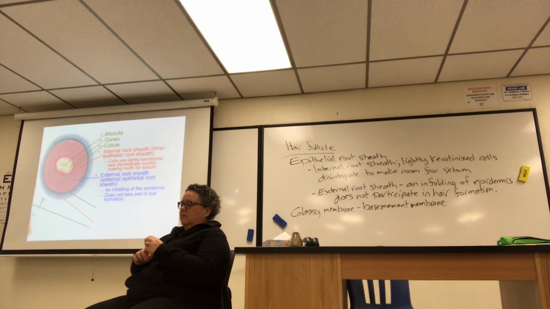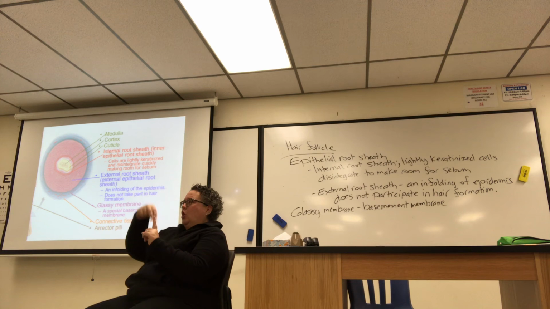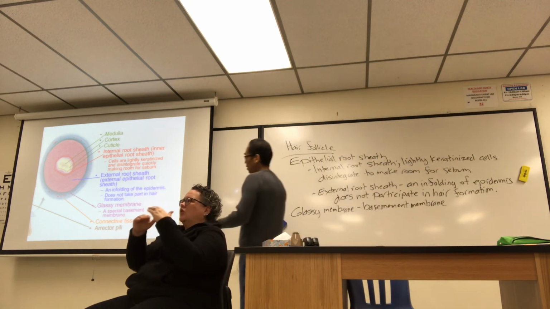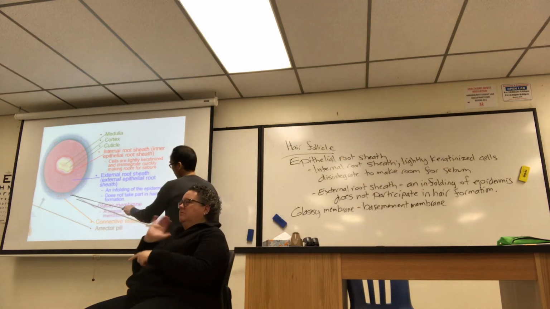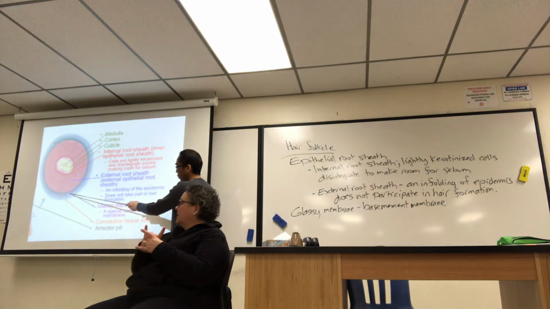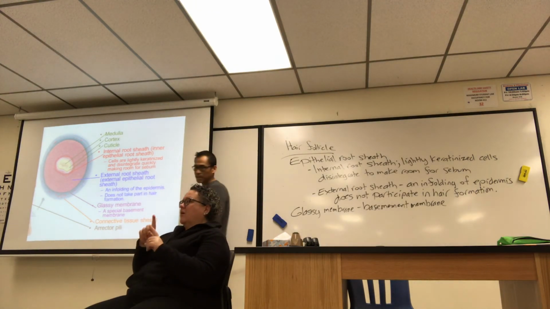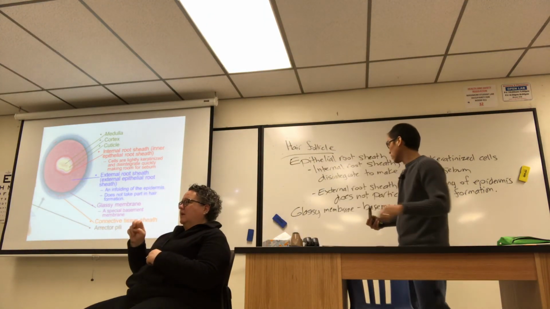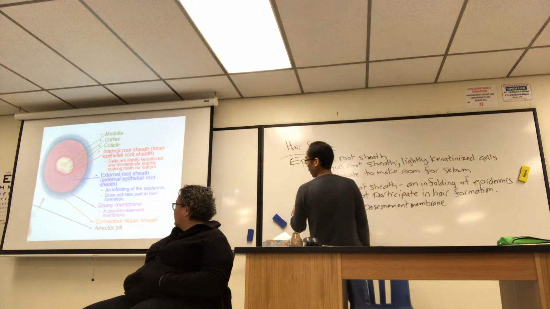They also have a cross-section of the hair, but it's the same information. I won't reteach it. The only thing I would add that I haven't mentioned yet is the connective tissue sheet at the very bottom of this figure. The layers all match to what I said before. And pretty much the connective tissue sheet is derived from the dermis, and it surrounds the glassy membrane. All right.